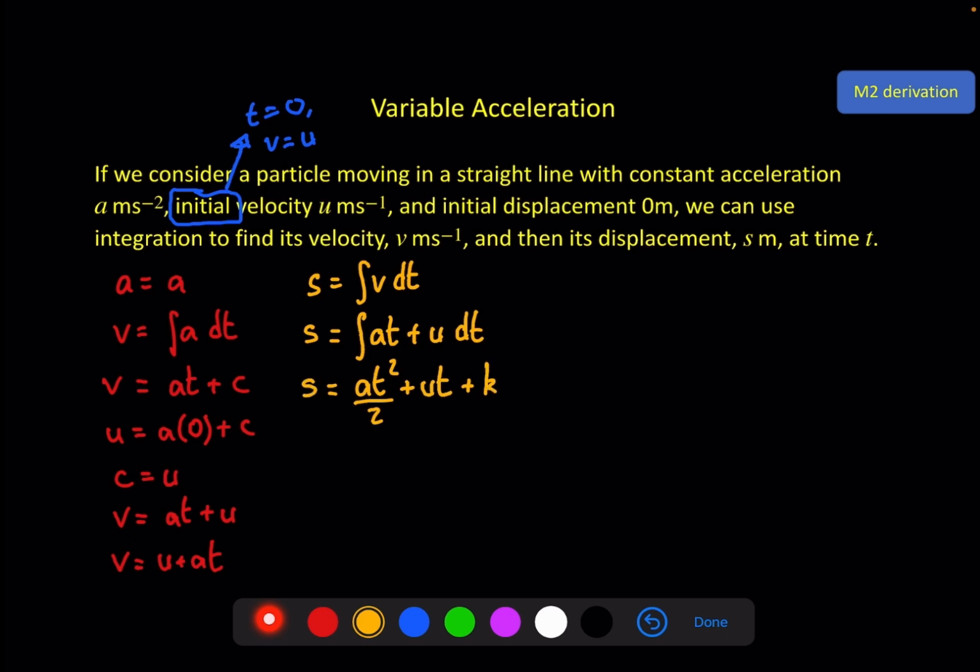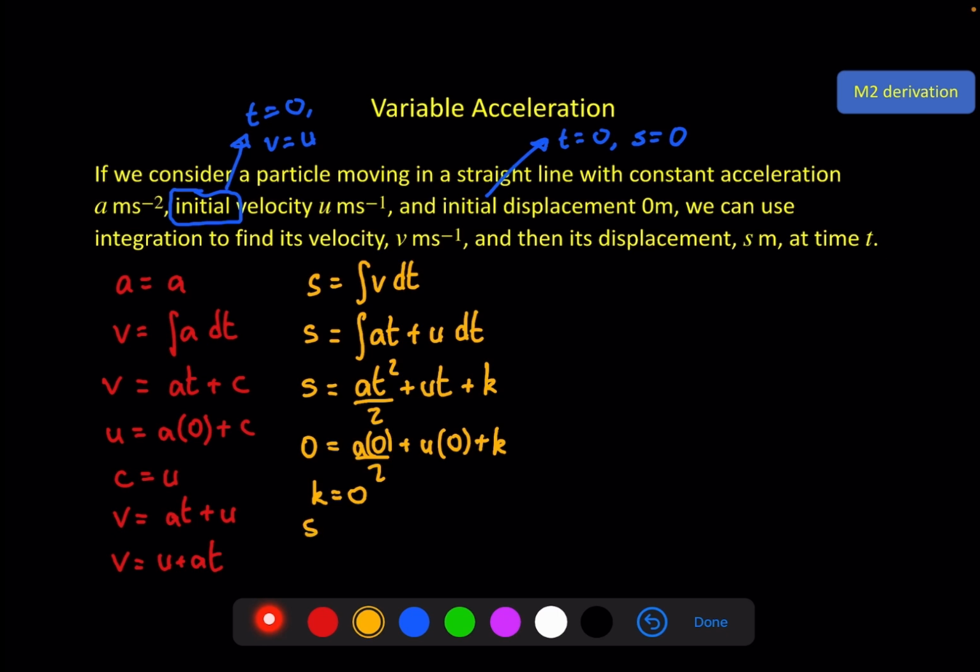And now we can use the boundary conditions that we have initial displacement 0 meters. Again, initial means t equals 0. And when t equals 0, obviously the displacement from its starting point is 0 because we haven't gone anywhere yet. Putting that in gives 0 equals a times 0 over 2 plus u times 0 plus k, which gives k equal to 0.